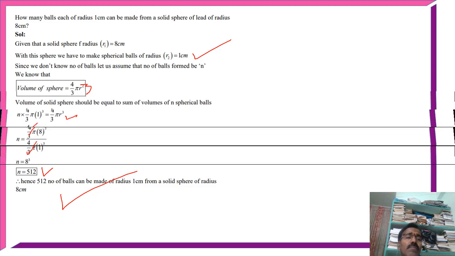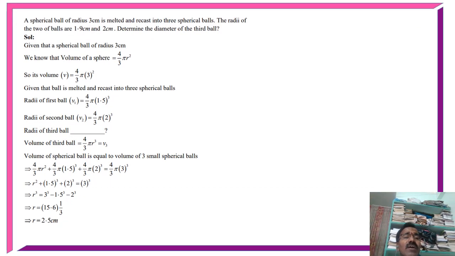Next problem. A spherical ball of radius 3 centimeter is melted and recast into three spherical balls. The radii of two balls are 1.5 and 2 centimeter. Determine the diameter of the third ball. I mean here the combination of three balls equals the bigger ball, which is 3 centimeters. Let us find the volume of each ball separately, and let us take the third ball as 4 by 3 pi r cube. The sum of these three balls' volumes equals the volume of the bigger ball.